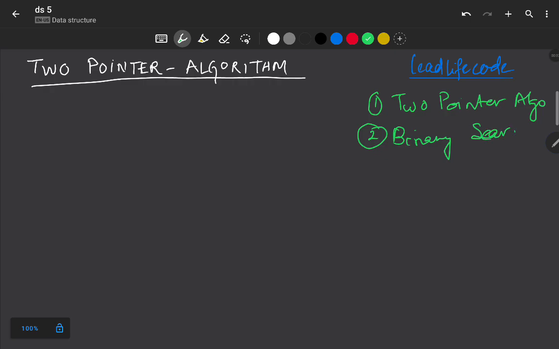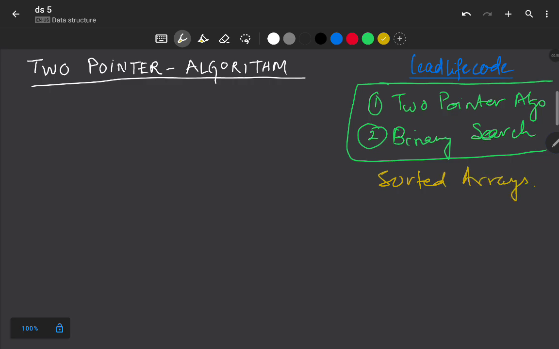In both of these algorithms, today we will use sorted arrays. So for both problems, sorted arrays are the prerequisite. Okay, let us start with the two pointer algorithm.